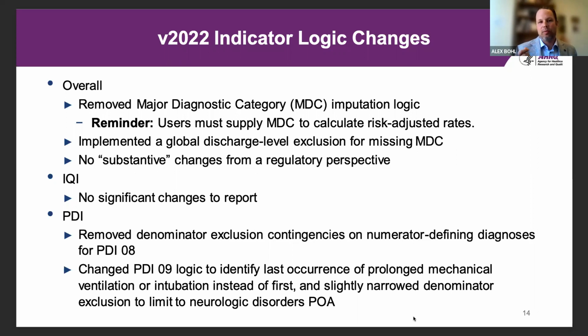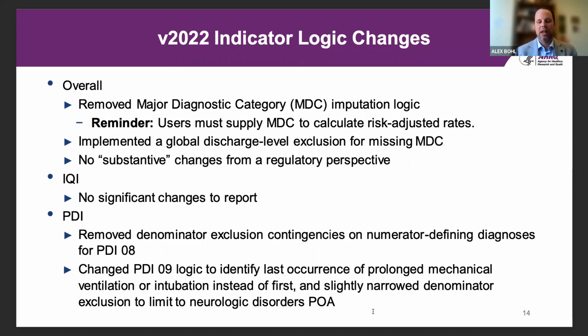The reason is that for multimorbidity or polytrauma patients, there are situations where the MSDRG does not cleanly map to the MDC, and therefore the imputation was overly simplistic, which can impact risk adjustment. In this case, typically risk-adjusted rates would be too high because it didn't capture the risk appropriately.